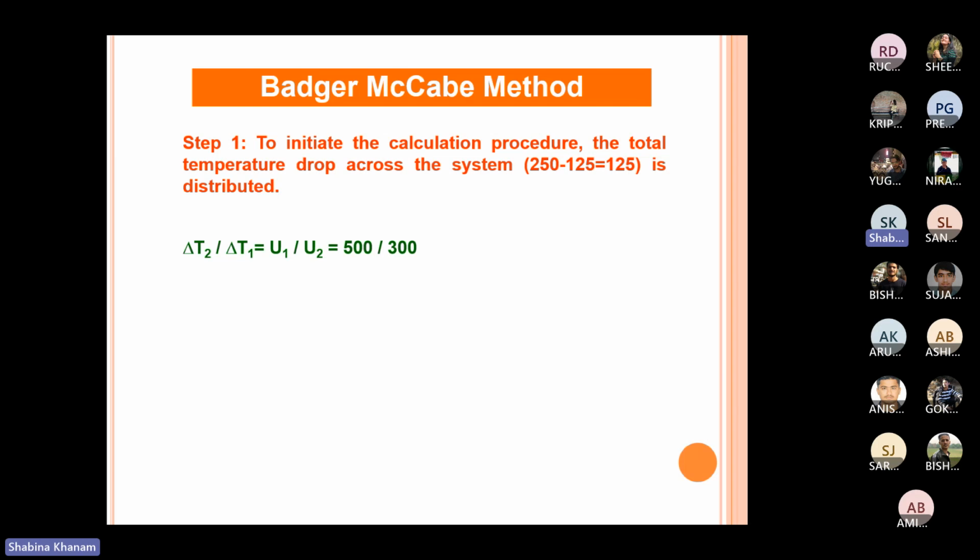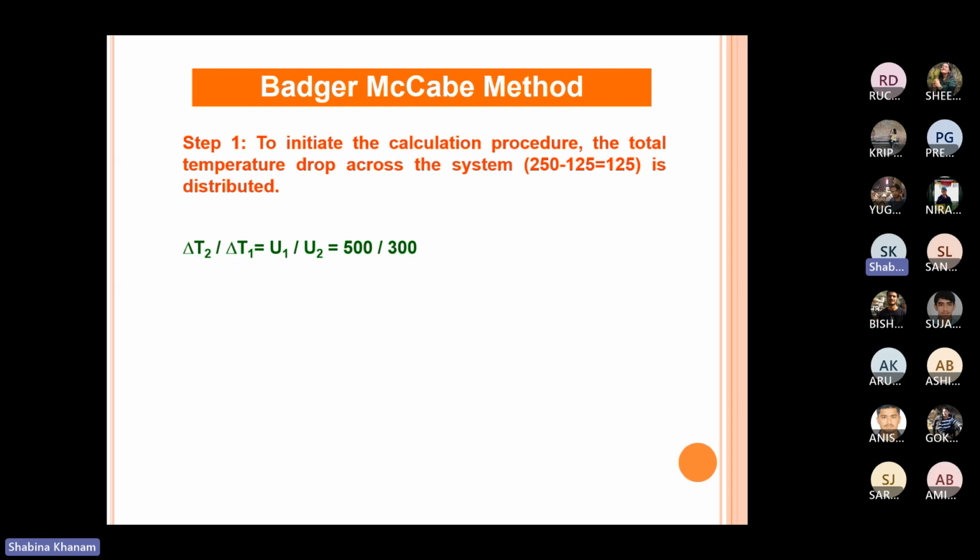Further, we can write Q1 as U1 A delta T1, and that should be equal to U2 A delta T2 for Q2. Because we are assuming the area is the same, delta T1 U1 should be equal to delta T2 U2. So we can resolve it like this: delta T2 by delta T1 is equal to U1 by U2, which is 5 by 3.